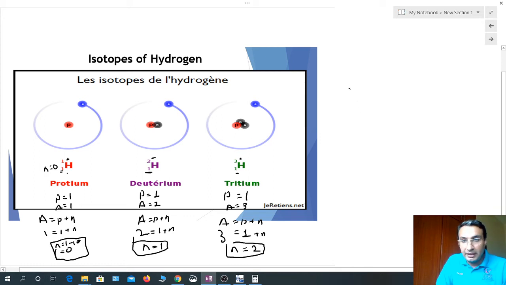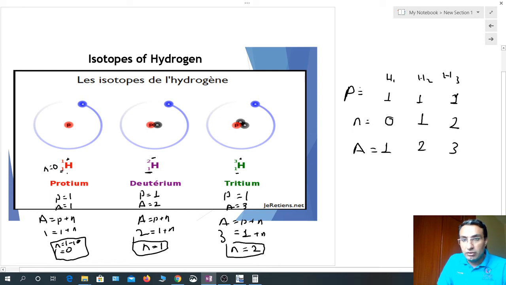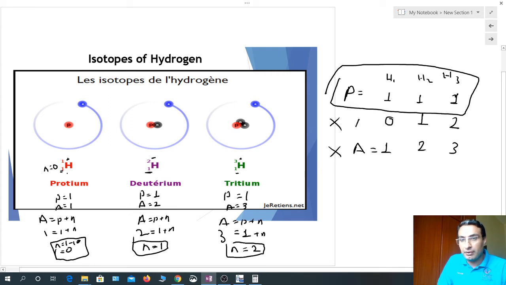So I can say for hydrogen, the proton number of H1, H2, H3 is 1, 1, 1, but the numbers of neutrons are 0, 1, and 2. As we know, atomic mass is equal to n plus p: 1, 2 and 3. So once again, isotopes of an element can be defined as having the same atomic number but different atomic mass or different number of neutrons. These are the examples.